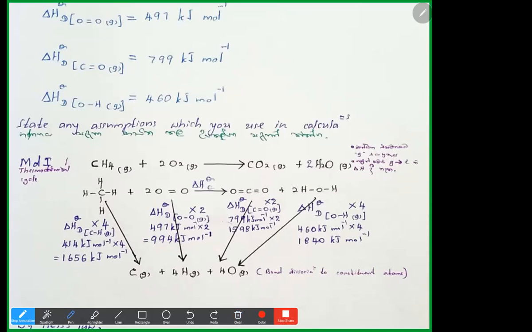What are you making? You are making gaseous constituent elements. Here CH dissociation into 4. Here OO dissociation into 2. Here CO dissociation into 2. Here OH dissociation into 4.